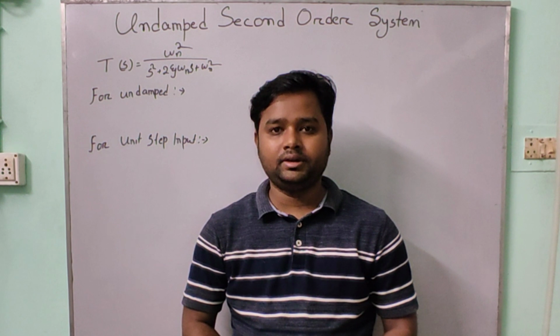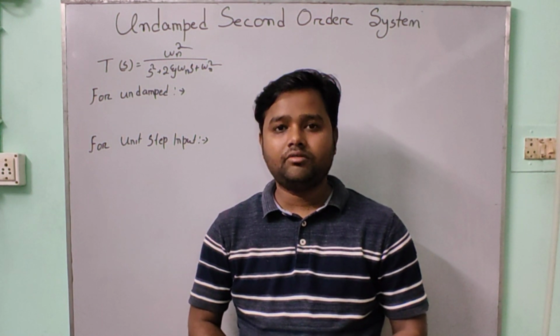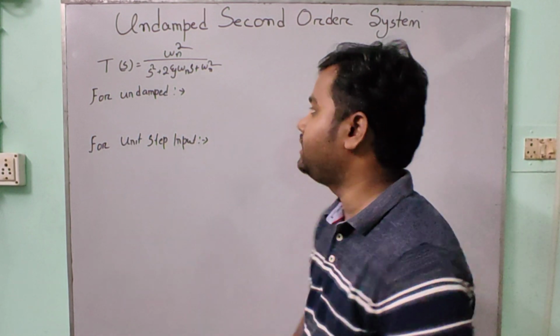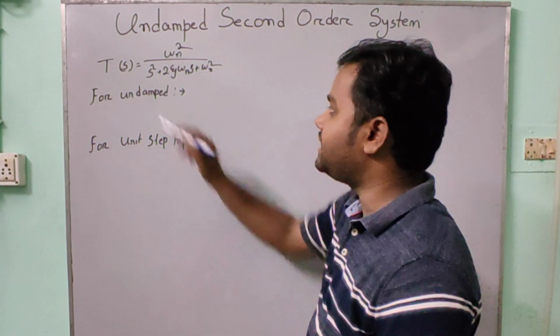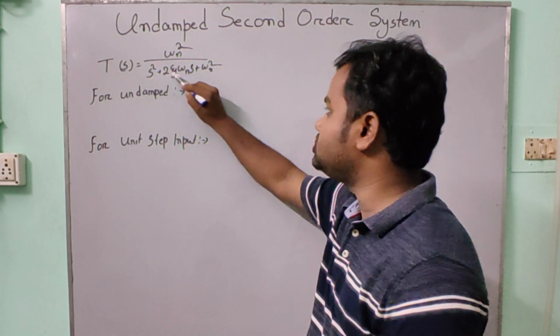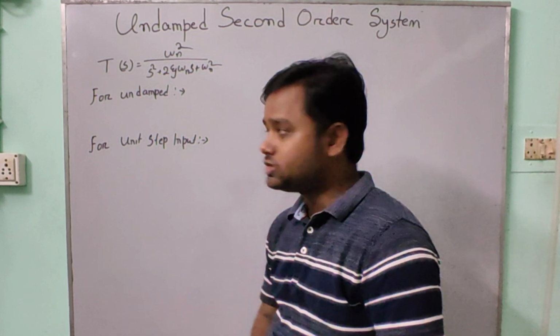Now we will study the time response analysis for an undamped system with unit step input. We know the transfer function for a second order system, T(s), is equal to omega n square divided by s square plus 2 zeta omega n s plus omega n square.